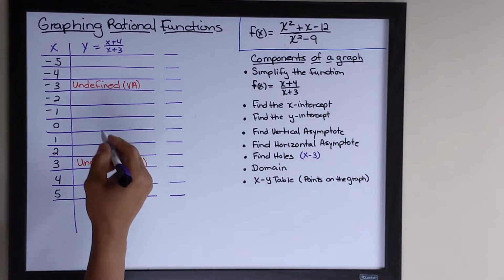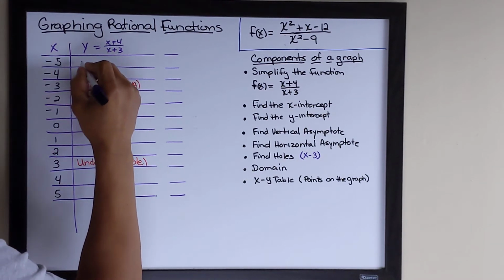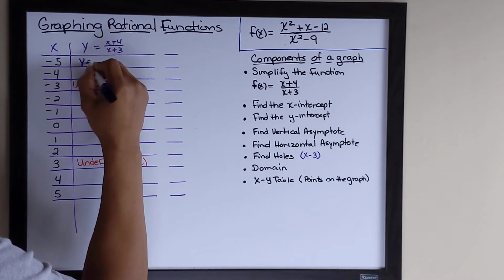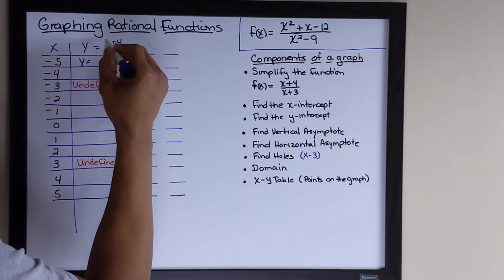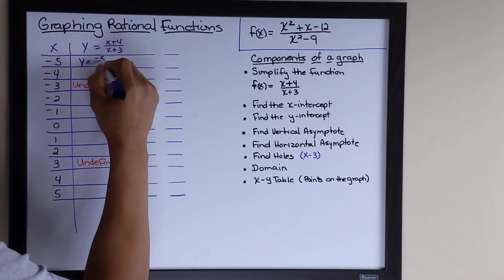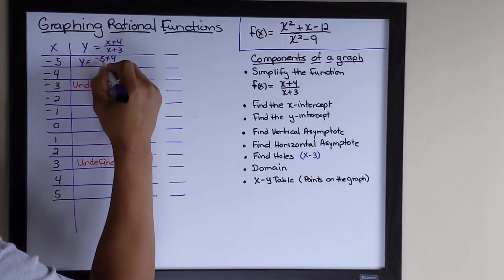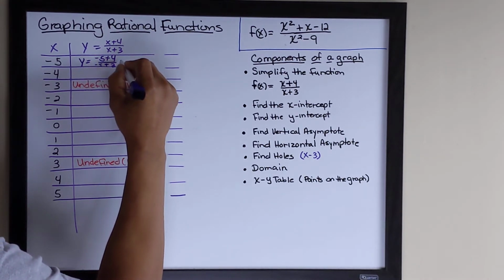Now, to find the y value, if x is -5, y is equal to wherever there's an x in our function, we're going to plug in a -5, so it'll be -5 plus 4 over -5 plus 3.